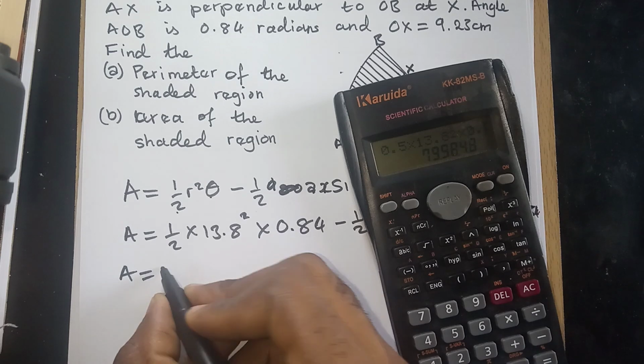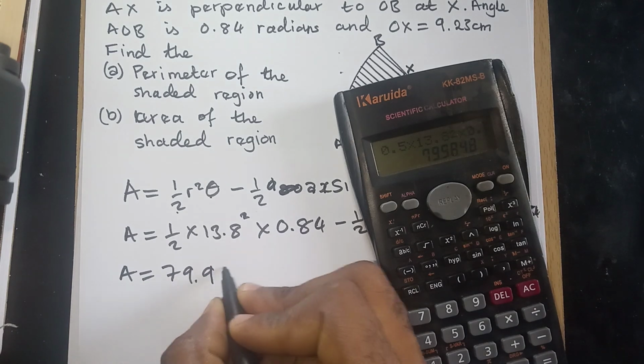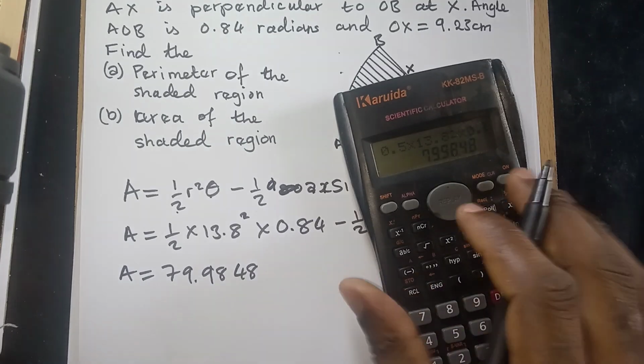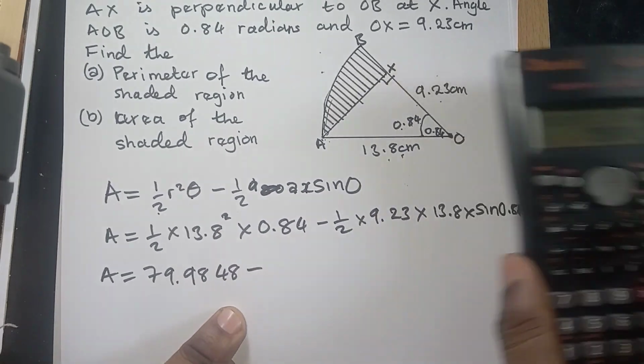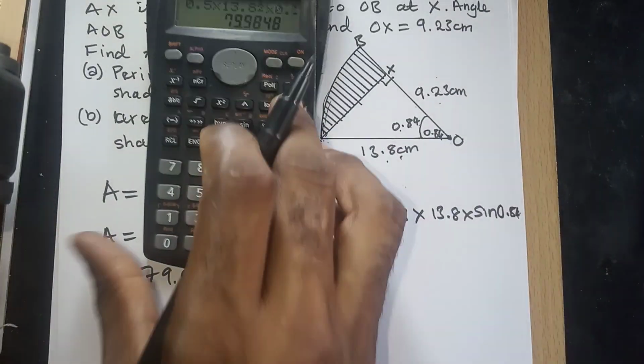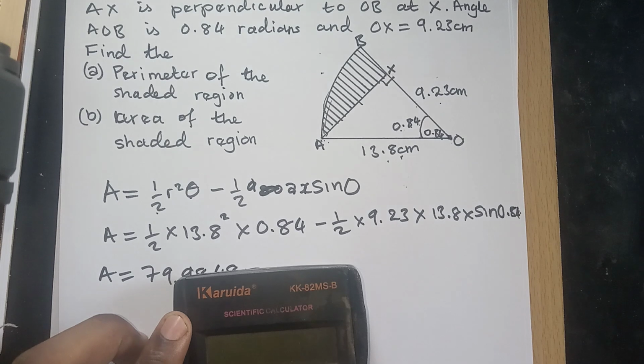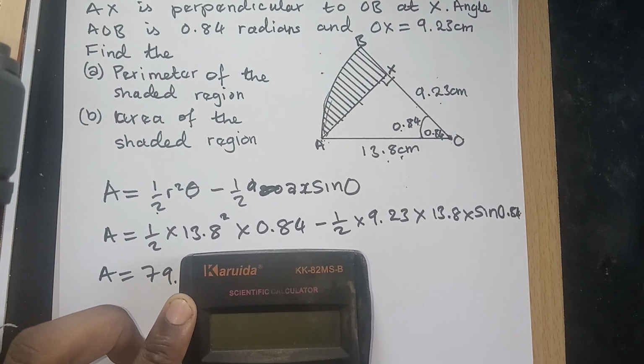So this will be 79.9848. Then minus this side, we have 0.5 multiplied by 9.23 multiplied by 13.8 multiplied by sine 0.84.